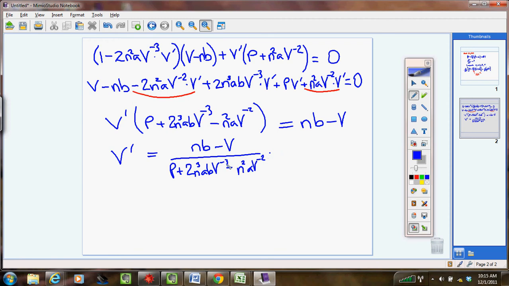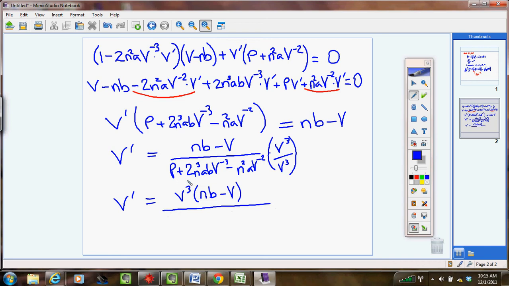The largest in magnitude negative exponent I have is negative 3, so to clear everything off, I can multiply the numerator and denominator by v cubed over v cubed. Here, let me change this to parentheses. So we get v prime equal to v cubed times nb minus v over, when I distribute the v cubed down here, I'm going to have a pv cubed.